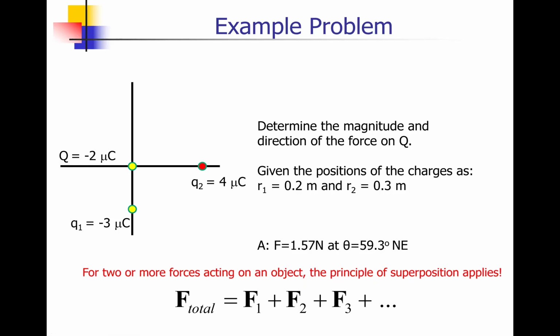And then we have this example here. We already did this example, which is problem number 5 of chapter 18, in class, so we are not going to do it again. For problem 5, the answer is 1.57 newtons, and the angle is 59.3 degrees to the x-axis. Okay, so this is what we did in our class for chapter 18.